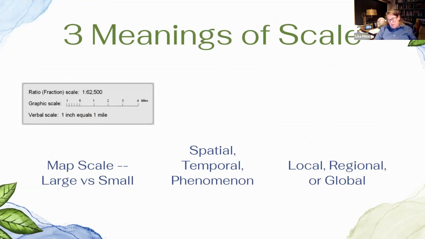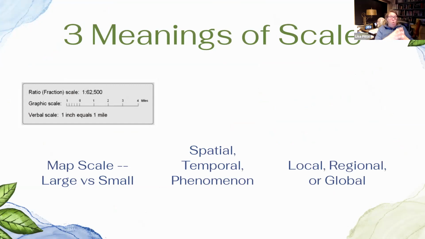All right. We'll also talk about scale. Now, in this class, we don't talk a lot about map scale, although map scale is important. We'll talk about looking at different things at different scales. And when we talk about looking at things at different scales, maybe we're talking about, is this a local problem?